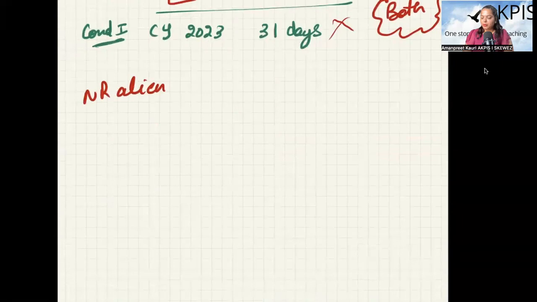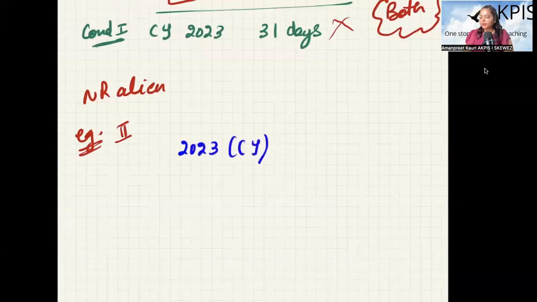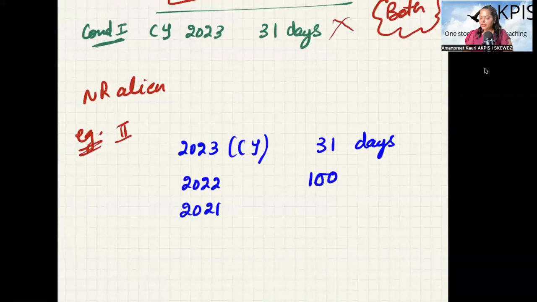Now let's take one more example. Example number 2. Suppose in the current year, let's say 2023, he is there for 31 days. And for the previous years, 2022 and 2021, let's say he's here for 100 days and he's here for, let's take an instance this way, 80 days.